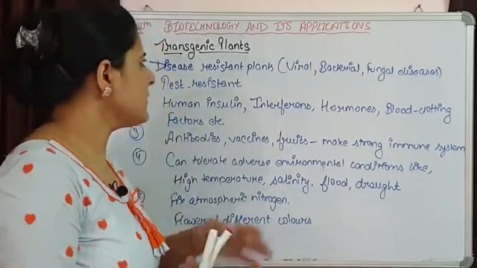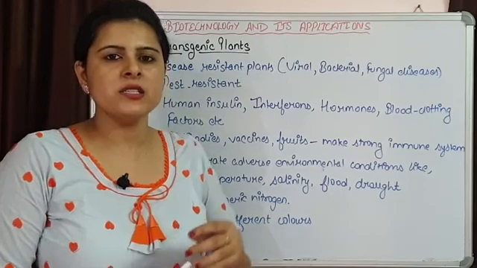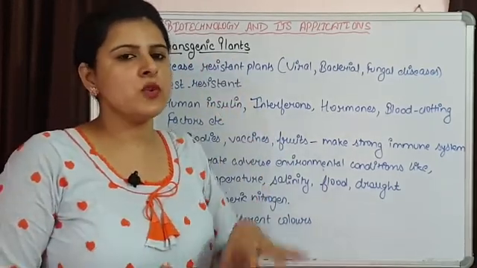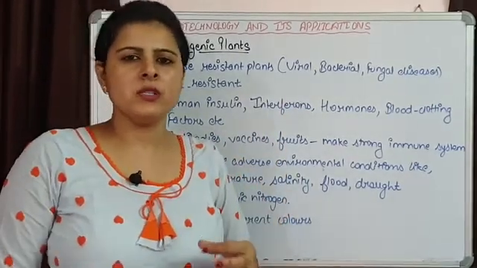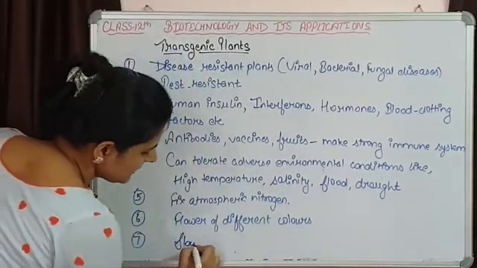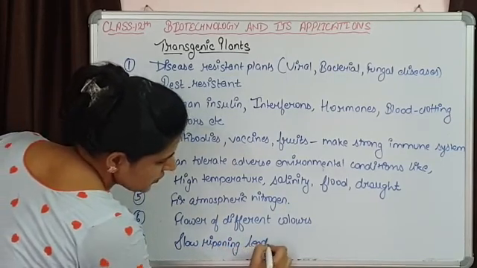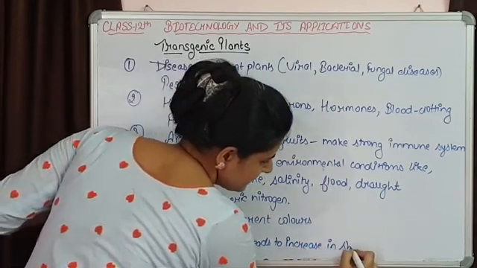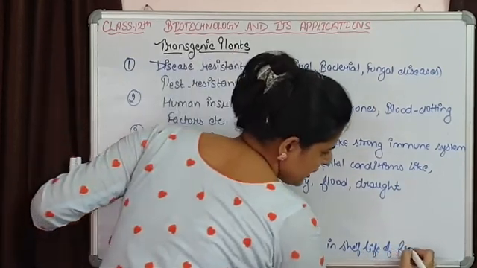So because of genetic modifications in these plants, we can slow down their ripening process, and because of slowing down the ripening process, the shelf life of the fruits or vegetables is going to increase. So slow ripening leads to an increase in shelf life of fruits and vegetables.